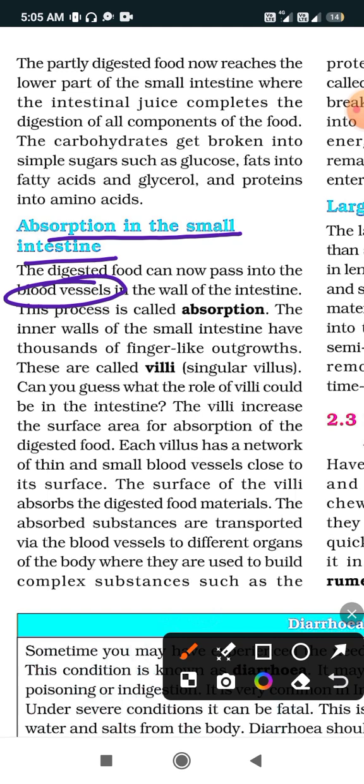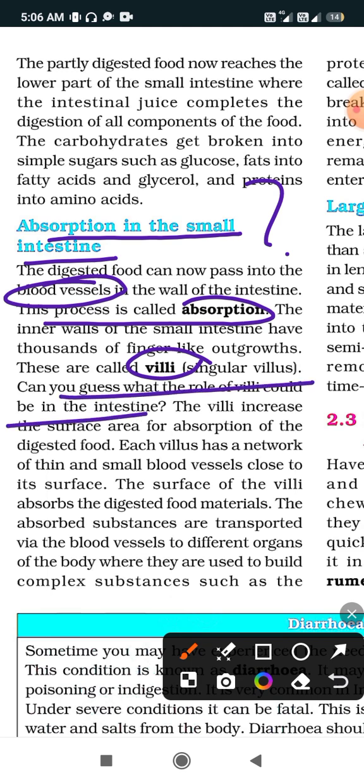This process is also known as absorption. So what is the phenomenon that occurs in the small intestine? Complete absorption occurs here because the finger-like outgrowths, or finger-like projections, known as villi are present. So can you guess the role of villi in the intestine?